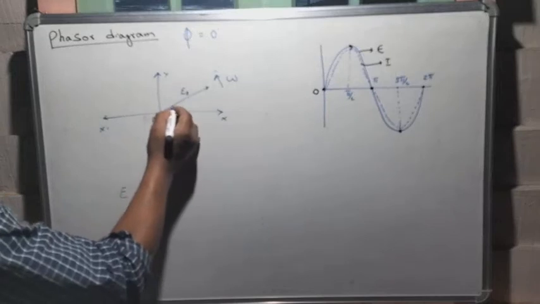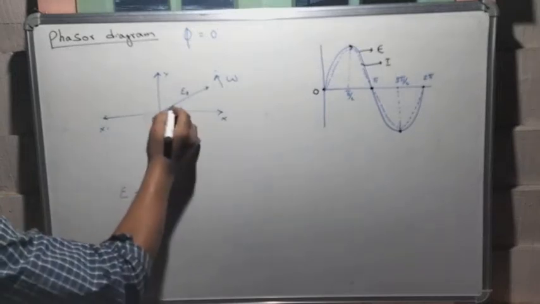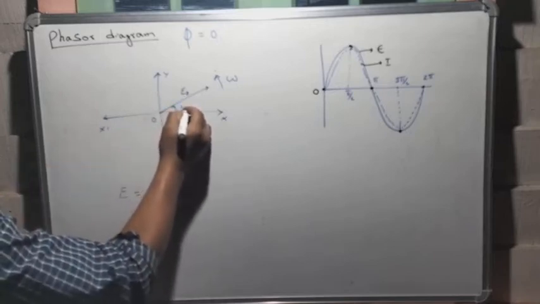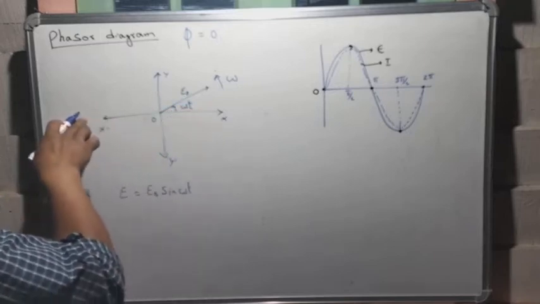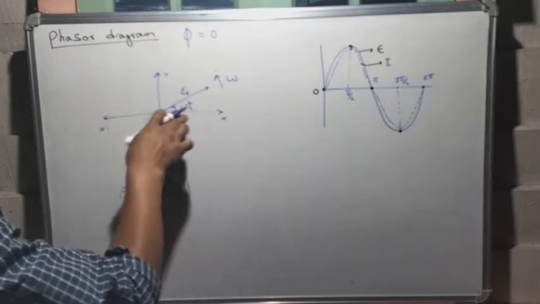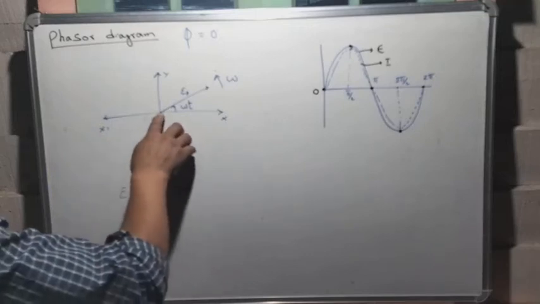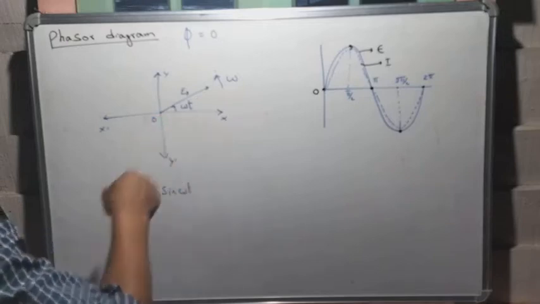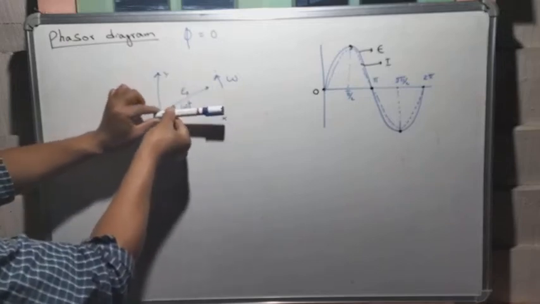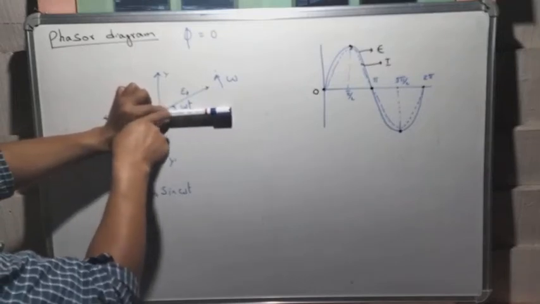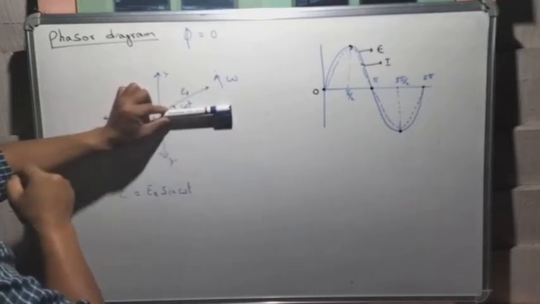Suppose at any instant of time, this E0 makes an angle omega t with respect to this reference line xx dash. Let's say it starts from this reference line; if it is parallel to the reference line, then the angle omega t will be 0.